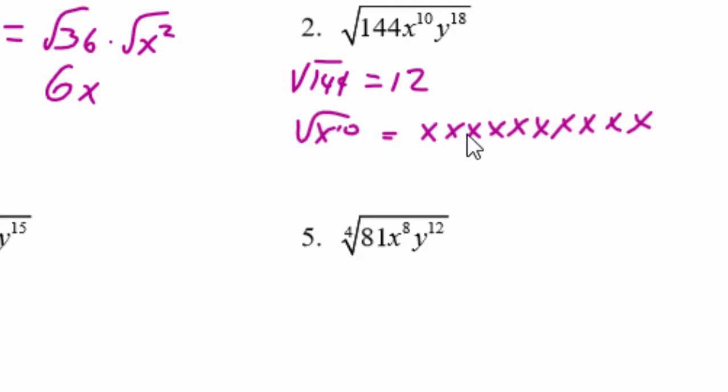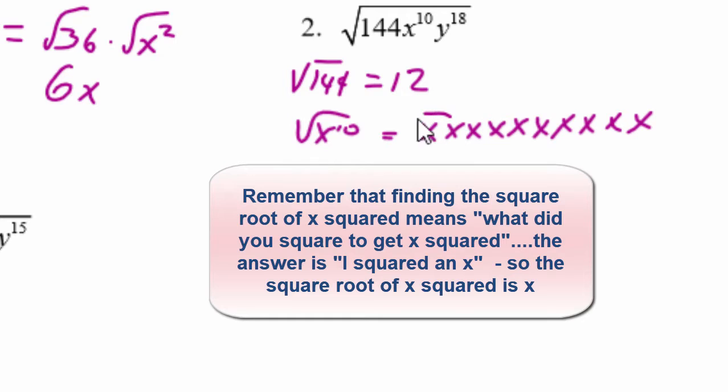Although some of you will not need to do this, but some of you will. See how there's 10 x's? Every 2 x's are a perfect square. So this is a perfect square, and this is a perfect square, and this is a perfect square, and this is a perfect square, and this is a perfect square.